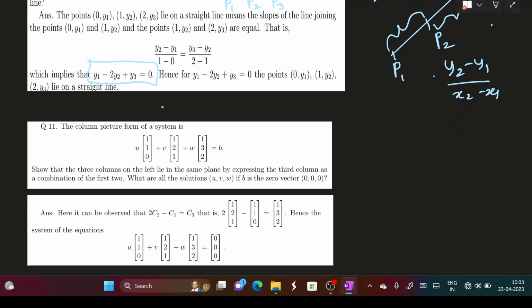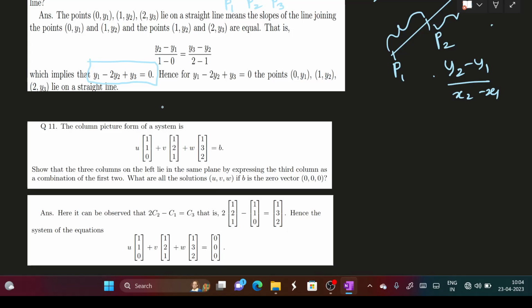Here we can clearly observe that the first vector, second vector and third vector, how are they related? My third vector is equal to 2 times my second vector minus my first vector.